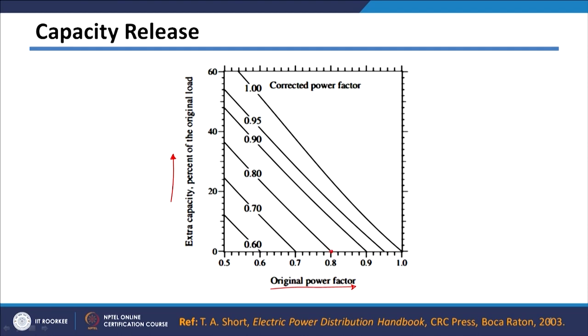If you consider that your original power factor is 0.8, and you improve it to 1, you can see that about 24% capacity will get released by improving the power factor from 0.8 to unity. So, this 24% capacity can be used for any other purpose.